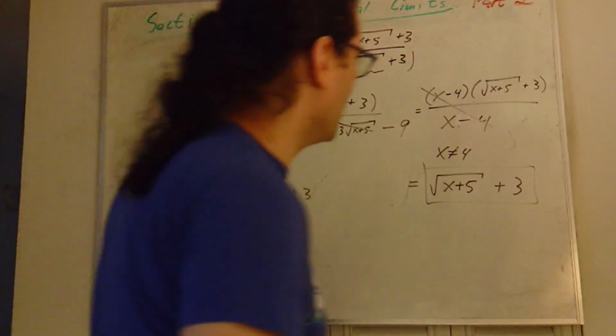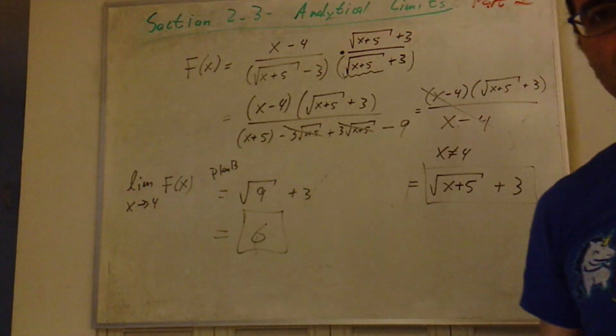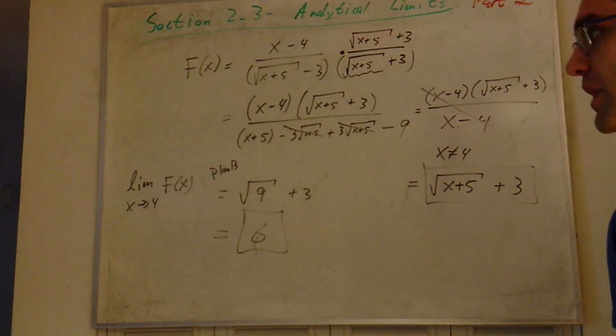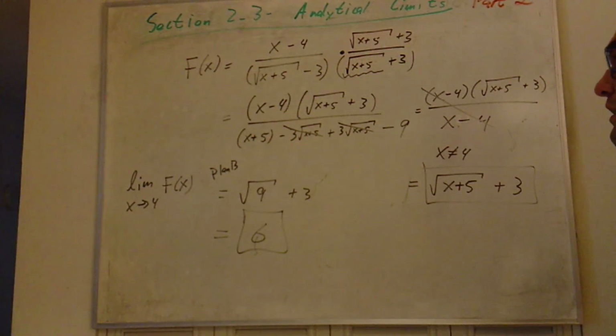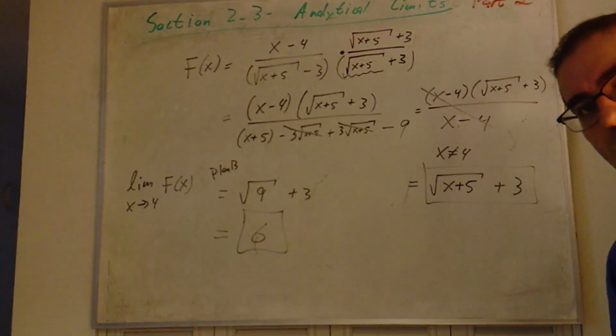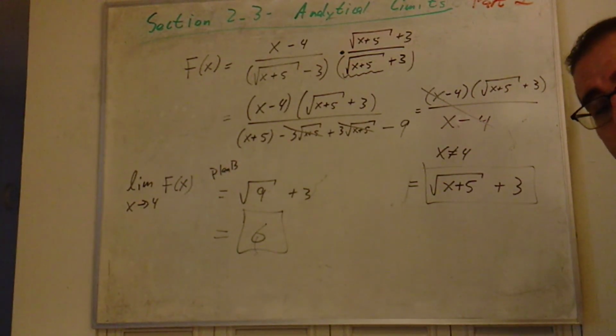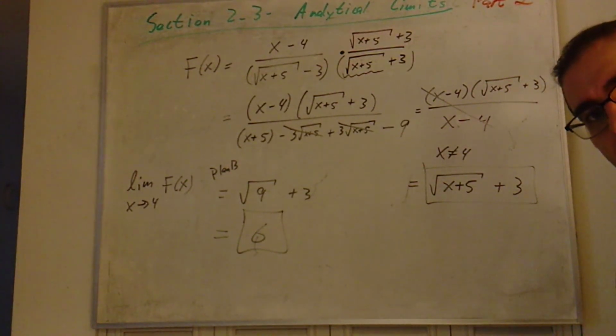There's going to be, I think, at least one homework problem that looks like this, and it'll come back later in Chapter 3, which is why we're doing it right now. Most of the problems you're going to get are just going to be rational functions. They're pretty straightforward. If you end up in Plan B, you just factor, cancel something. If that still doesn't work, you end up in Plan C, you give up, the limit does not exist.